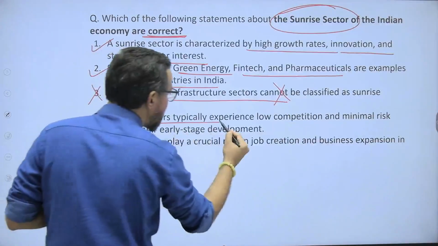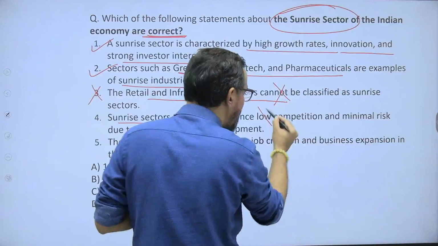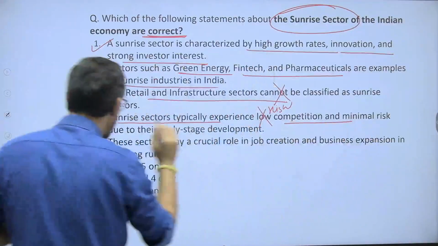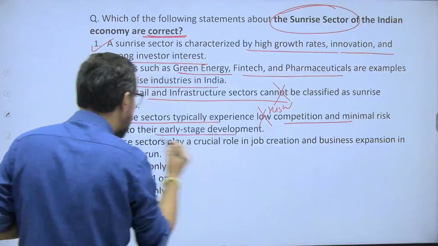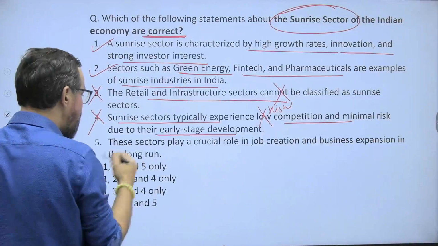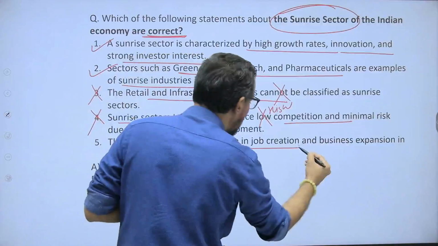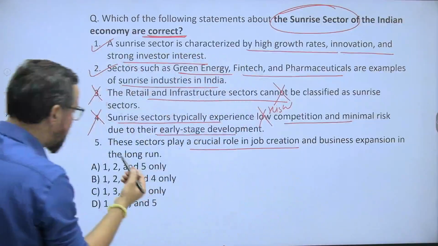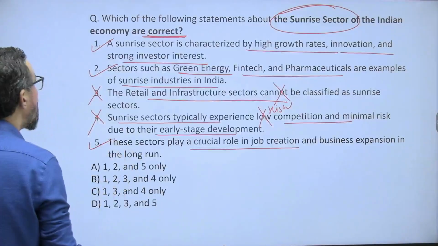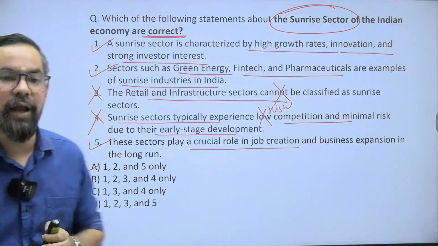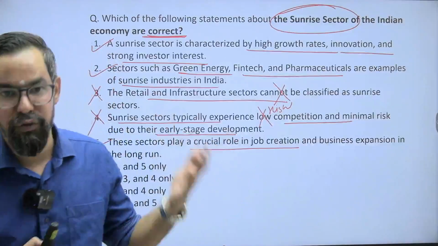Sunrise sectors typically experience high competition, not low competition. They generally face high competition and minimal risk due to early stage development. This is wrong. So high competition, high risk. These sectors play a crucial role in job creation and business expansion in the long term. True. 1, 2, 5 means option A should be the right answer for this one, and this question is again for 2 marks.